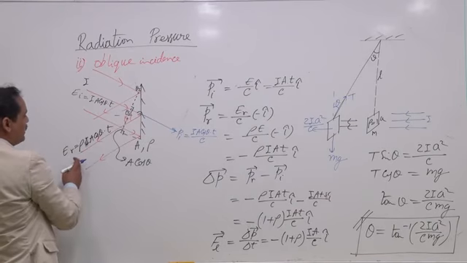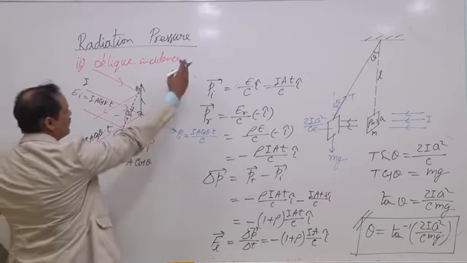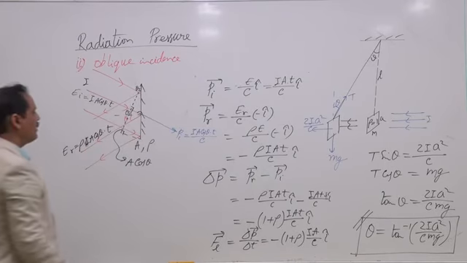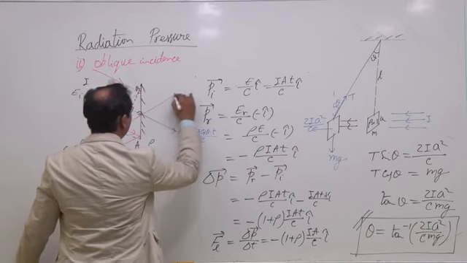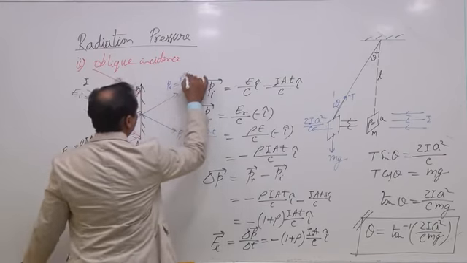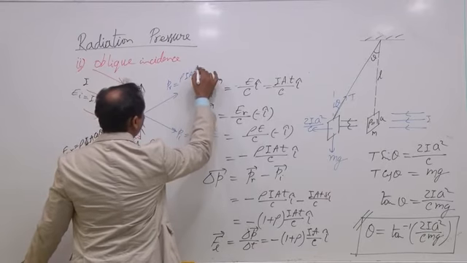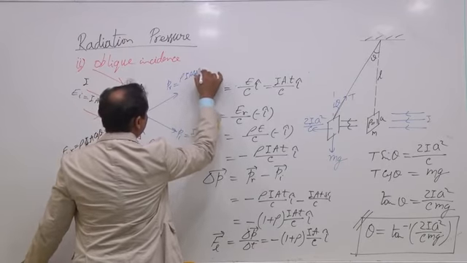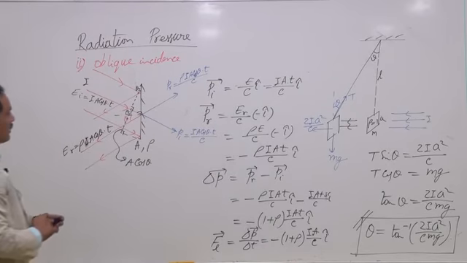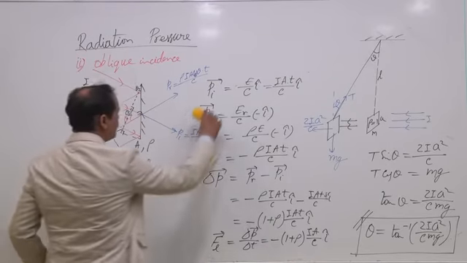This is the momentum due to incident light, the change in momentum of the mirror. As the reflected light goes in this direction, this exerts a force in the opposite direction to the reflected light. So there is a reflected momentum P_R equal to rho I A cos theta T by C. This is the momentum due to reflected light.